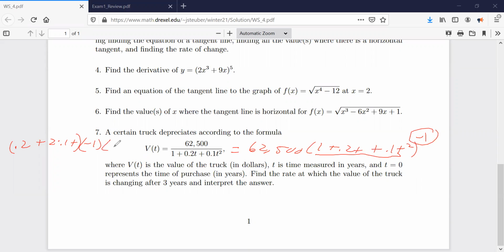So I'm left with (1 plus 0.2t plus 0.1t squared) to the negative 2. And then I also have this constant out front the whole time, times 62,500. That gives you the derivative, V prime of t. Does that make sense to people?